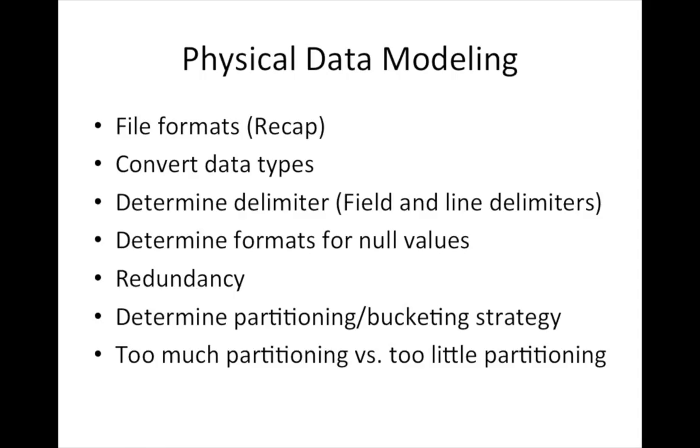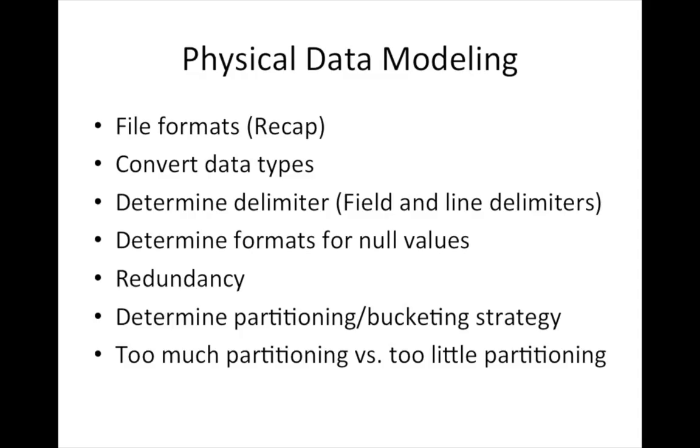So you might have to clone the same data into two different fact tables, one partitioned by date and the other partitioned by city or region, so that you can generate reports in both dimensions more effectively.